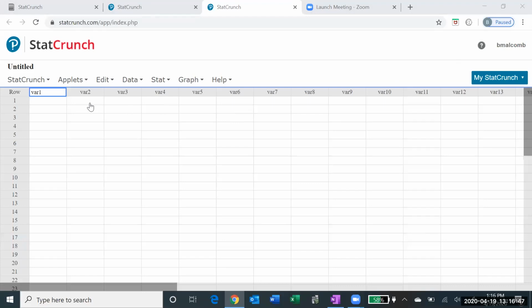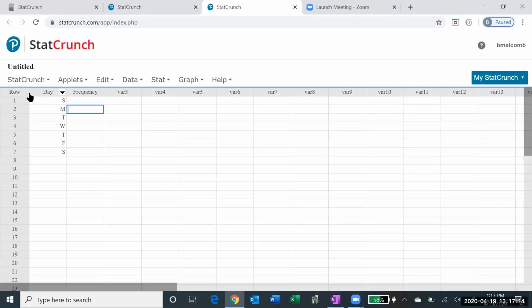So now let me do this. I'm going to put in the day here. I'm going to tab over, and I'm going to put in frequency. And then I'm going to enter all. Now, I'm not going to type all these in, but we'll say Sunday, Monday, Tuesday, Wednesday, Thursday, Friday, Saturday. Okay, so there's our days.